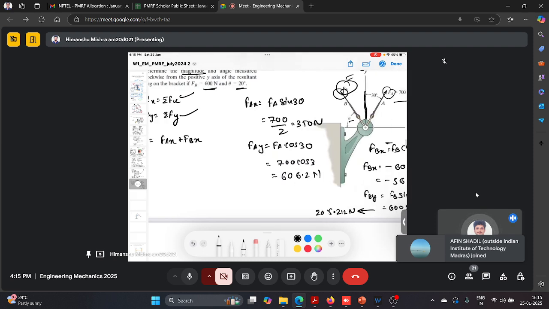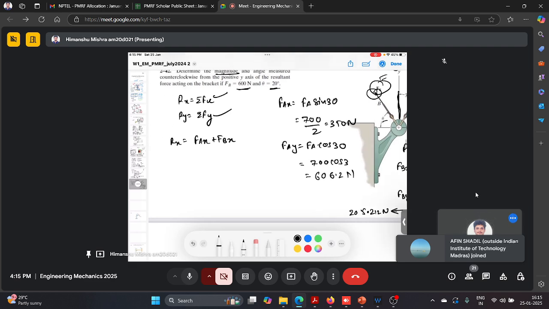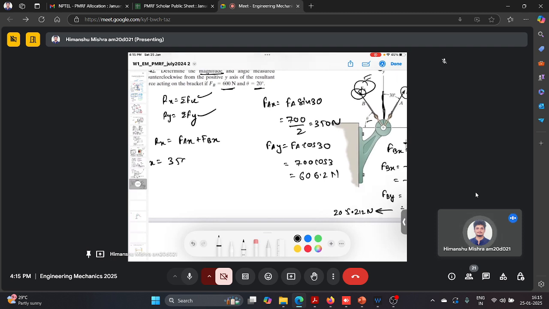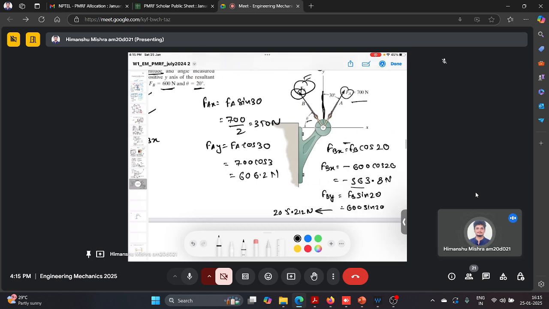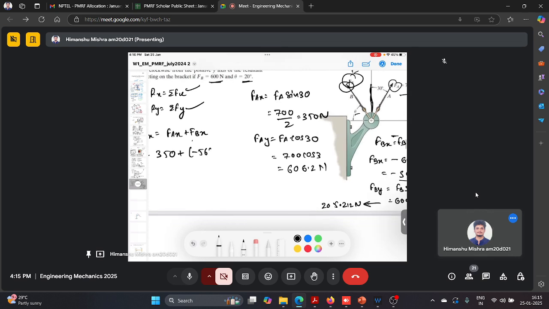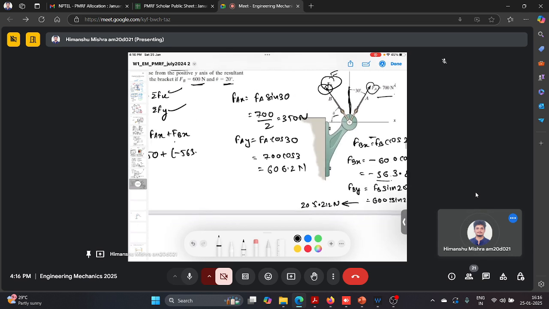So we have calculated the x and y components of Fa and Fb. So Fax will be 350 and Fbx is minus 563.8.